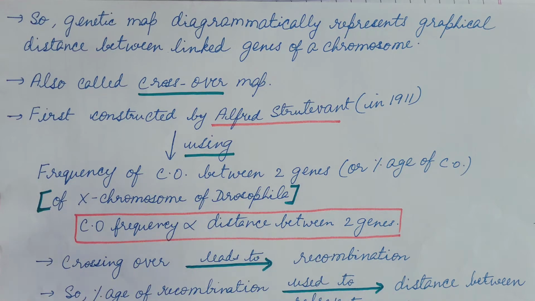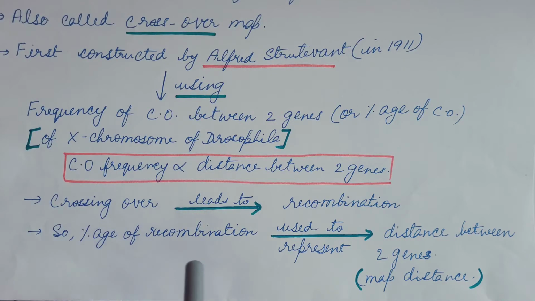We have seen that crossing over leads to recombination, or recombinants are produced due to crossing over. So the percentage of recombination, or recombinant frequency, is used to represent the distance between two linked genes, which is known as map distance.